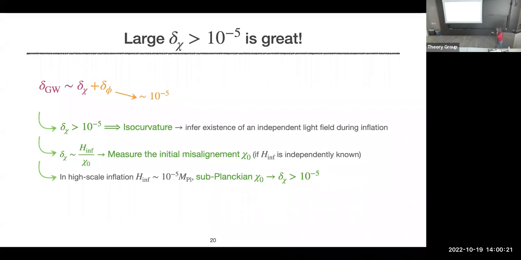And lastly, another motivation for considering large delta chi is that if you have high scale inflation where you're saturating H inflation to the maximum it can be from today's constraints, then all you need is a sub-Planckian chi naught to get delta chi bigger than 10 to the power minus 5, which makes it more likely.